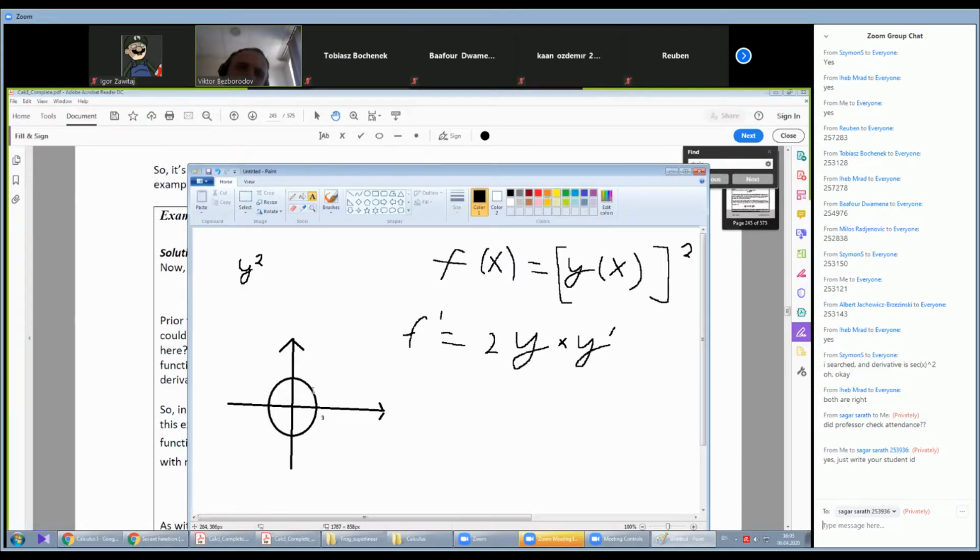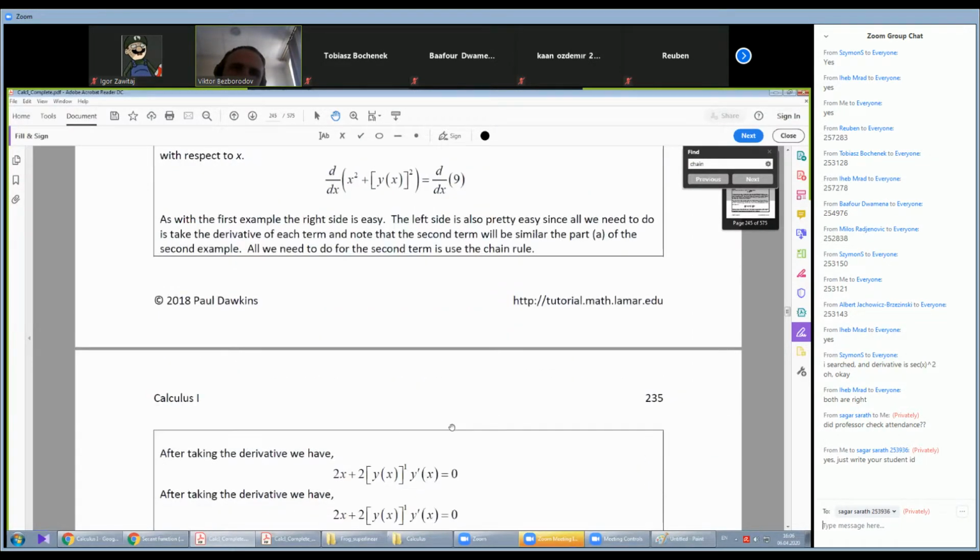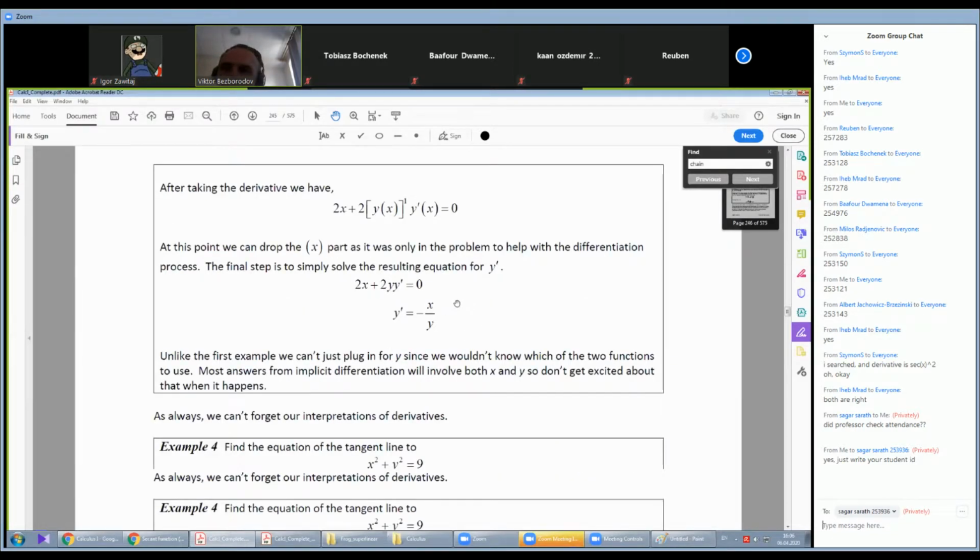If we take an x, for example, here, then y is not uniquely defined, because there are two values of y which satisfy the equation, because this line intersects the circle in 2 points. But this equality holds in both of those.